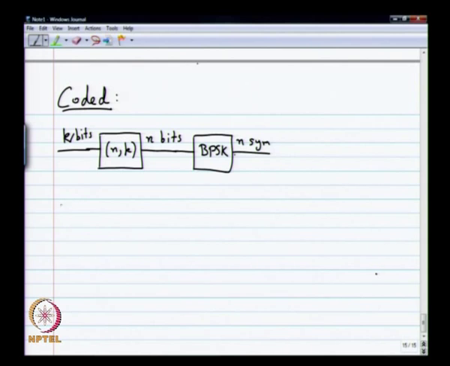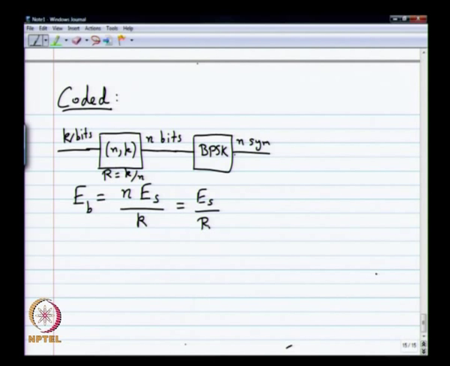If you want to compute energy per bit, if Es is your energy per symbol, n times Es is the total energy coming out here. You divide that by k, and this gives you the energy per bit. In other words, if the rate R is k over n, Eb is Es divided by R.